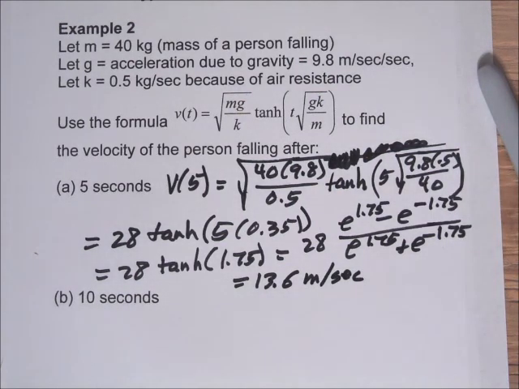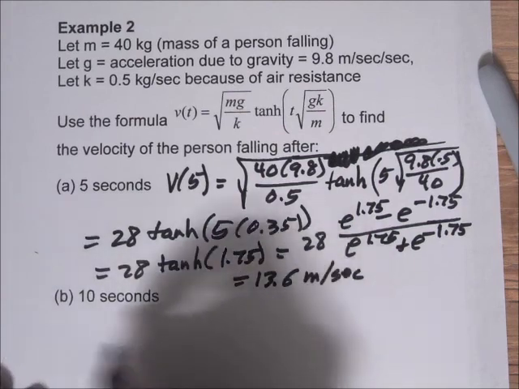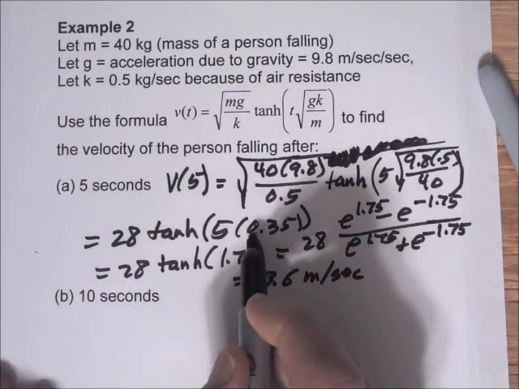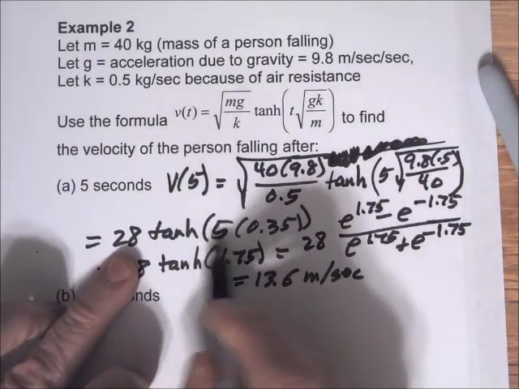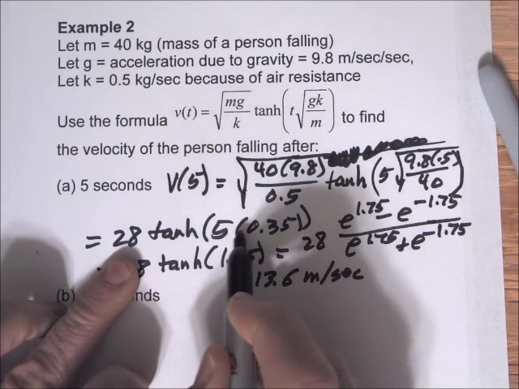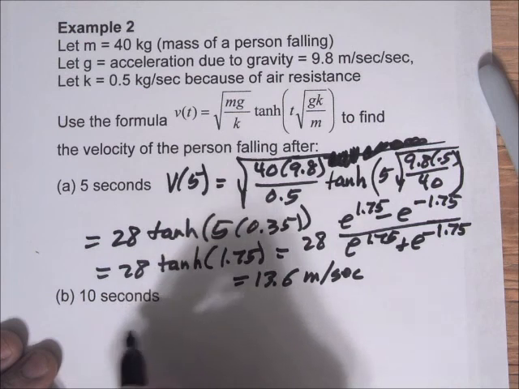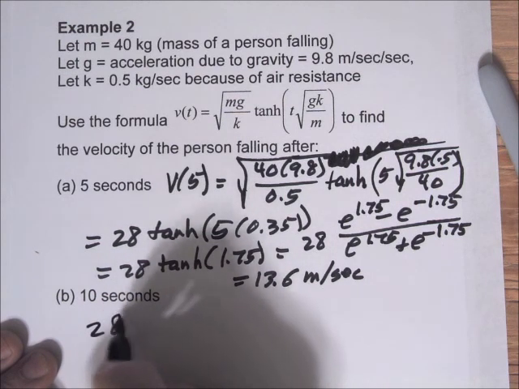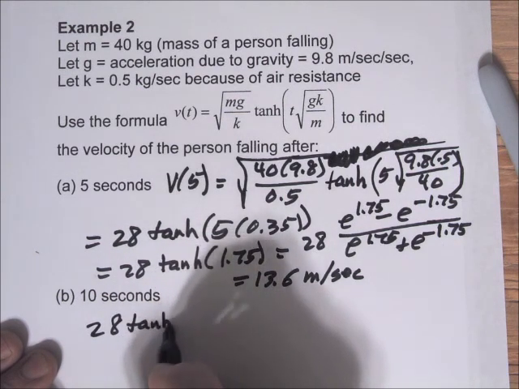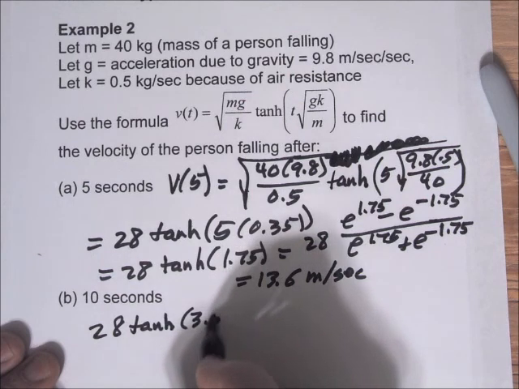Okay, so velocity after 10 seconds. Up to this step it's the same, except instead of a 5 we'll have a 10 here. 10 times 0.35 is 3.5, so we're going to have 28 times the hyperbolic tangent of 3.5.